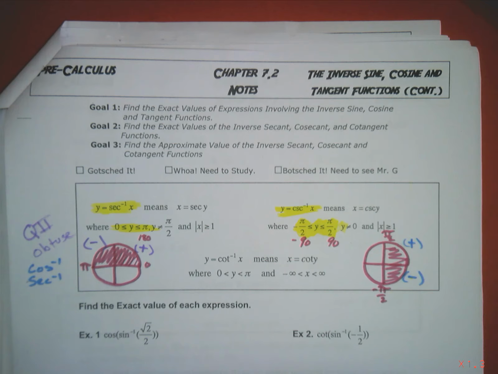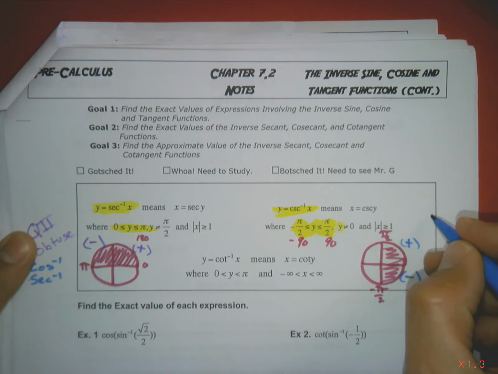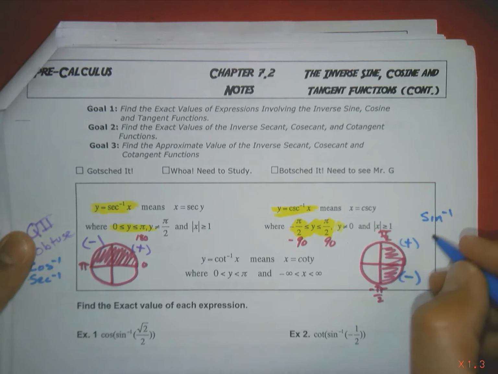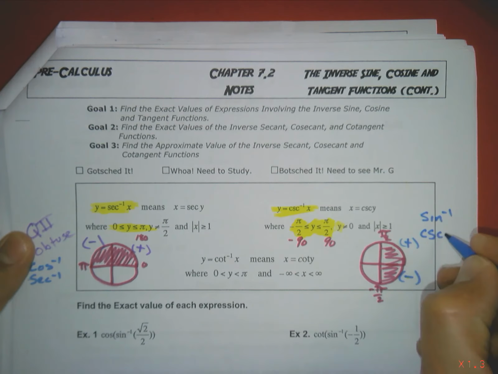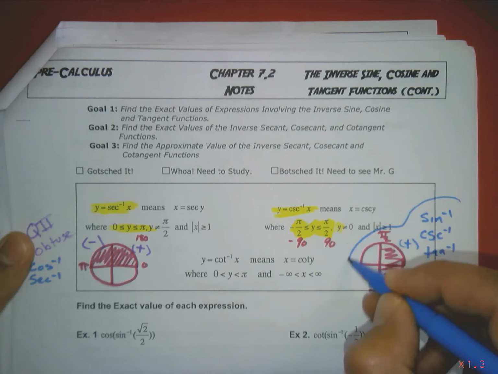Be aware of that. And again, final answers are always in radians, so we're going to have to convert those. Right now, there are 3 trig functions that work in quadrant 4: inverse sine, inverse cosecant, and, as we talked about yesterday, inverse tangent. Those are the 3 that work in here.